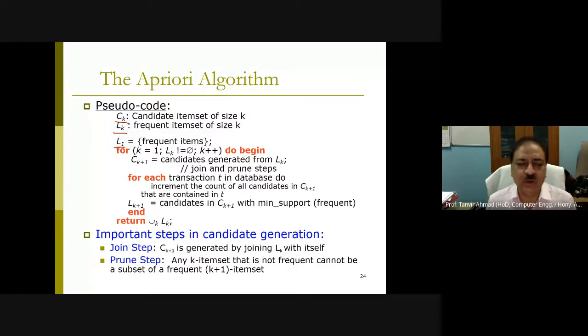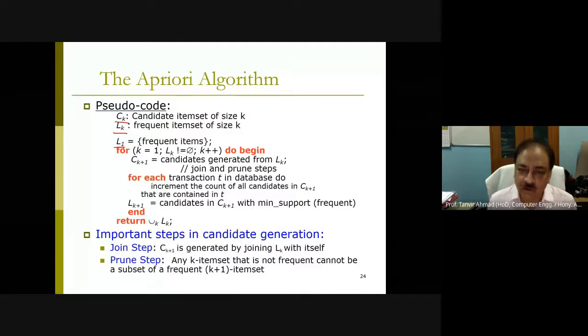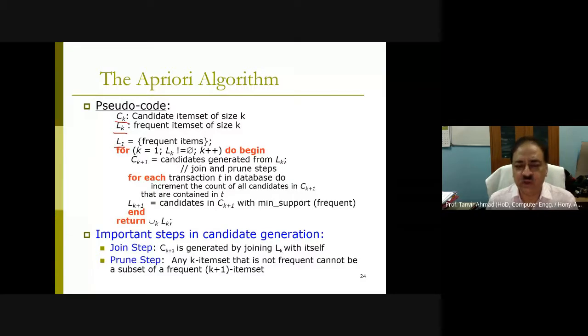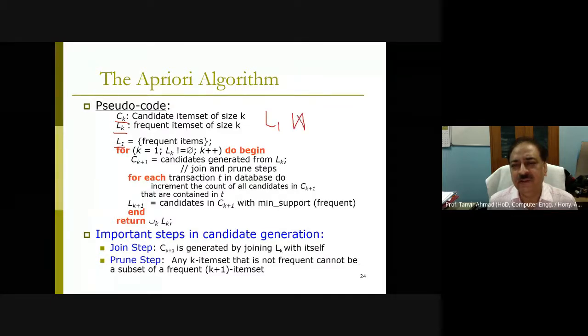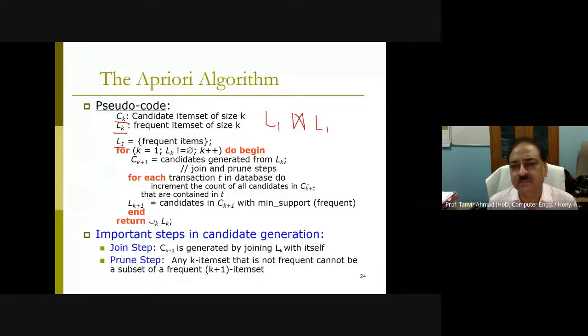Then for k equal to 1, Lk not equal to phi, k plus plus, you are going to generate C of k plus 1 from Lk. And how can you do it? You are going to make a join. Here you are going to do a self join of L1 with L1.